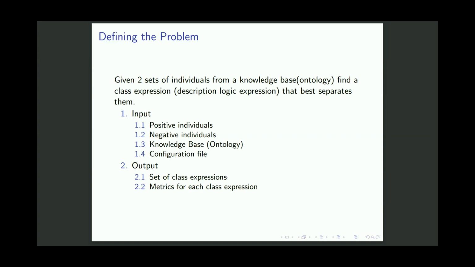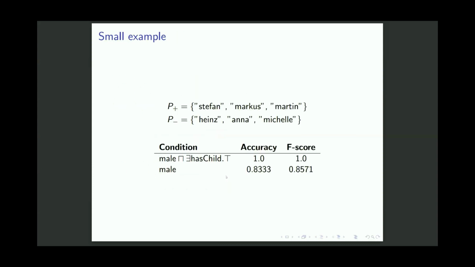As input, you would have the positive individuals that are part of that class, or that would give us true when put through that expression, and the negative individuals, the knowledge base, which in our case would be an ontology, and some configuration file to choose between different things. The output should be a set of class expressions and a metric for each of them. We'll see later how this would actually look.